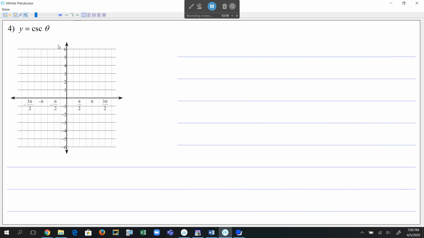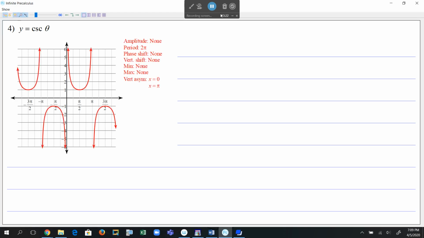Now we are going to graph the cosecant function. So this is the graph of the cosecant function. First of all, the cosecant function doesn't have amplitude. The period is 2 pi, and let me explain to you why.